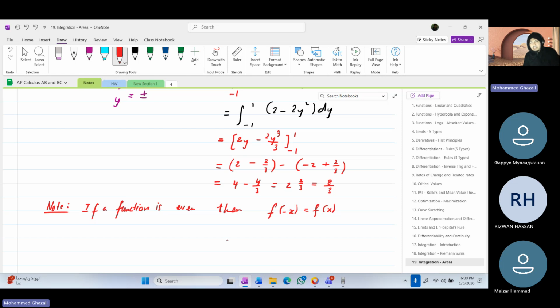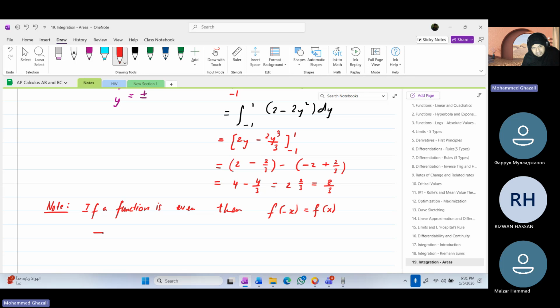We know it's an even function. So in other words, it's symmetrical about the y-axis, right? In this case, look at this function 2 minus 2y squared. If I put negative y here, it will still become symmetrical.